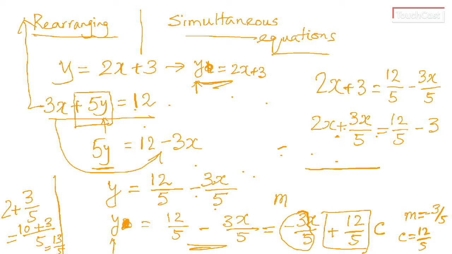So basically we are looking at 13x over 5 should be equal to, same rule applies, 12 minus 5 lots of 3 gives you 15. There comes the negative number, which could be rather intriguing. Should be equal to negative 3 over 5.